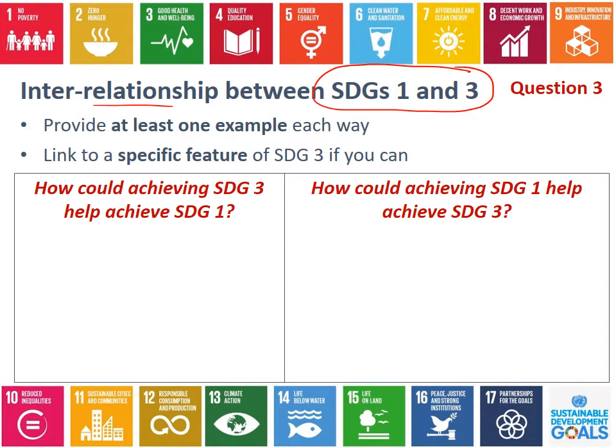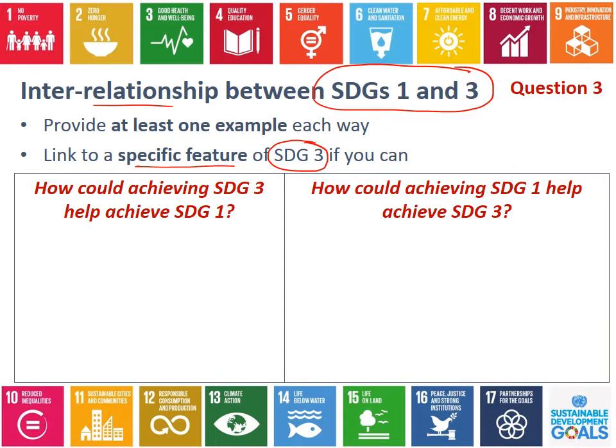So for the 3 SDGs that we're going to look at today, you've got a little table like this in the worksheet, and you need to provide an example showing the interrelationship between these SDGs. And I do want you to link to a specific feature of SDG 3 if you can. So remember that slide I showed at the start. Link to a specific component of SDG 3. Don't just talk about good health and well-being in general, be specific.